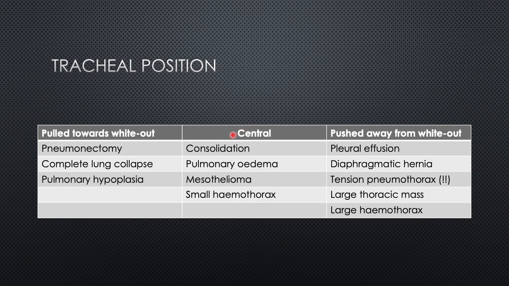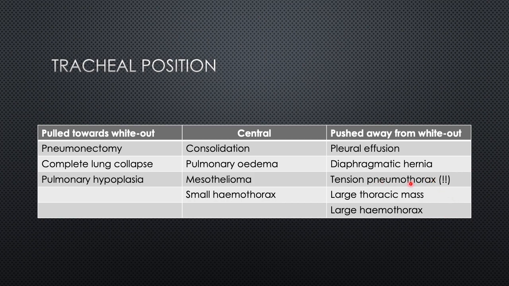So the position stays fairly central if you've got things like a consolidation, any pulmonary edema, mesotheliomas, and small hemothoraces. Any large hemothoraces may well actually push it away from the whiteout if you think about just the pressure building up in that side.